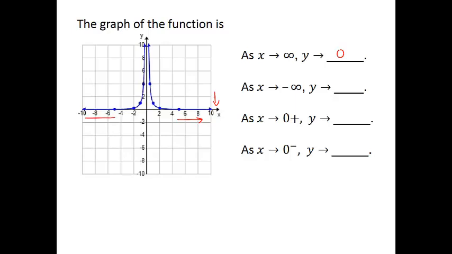As x goes to negative infinity, y is getting closer and closer to the x-axis, closer and closer to 0. As x goes to 0 from the right, notice the y values are going up without bound, so y goes to infinity. And likewise, as x goes to 0 from the left, the y values go up without bound to infinity.